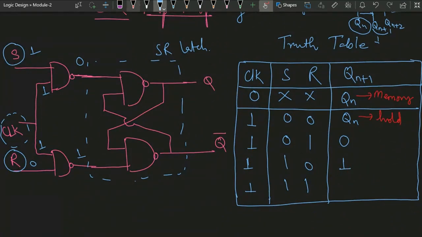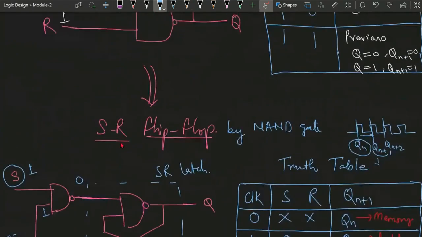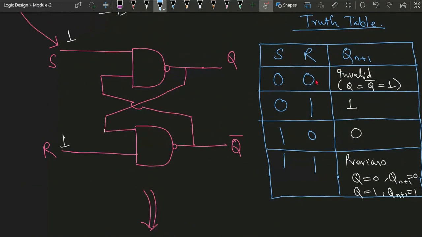Similarly, we will be checking the next input combination, that is 1 and 1. If we provide 1 and 1, it becomes 1, and then NOT makes it 0. That means we have applied input 0 0. If we apply the input 0 0 in the above case, it says it is an invalid output.